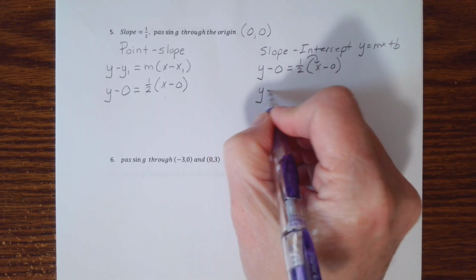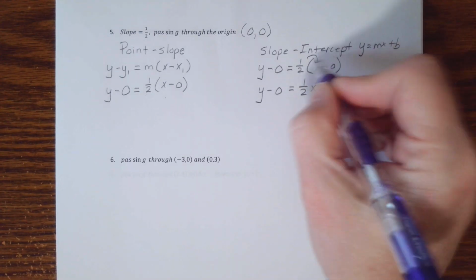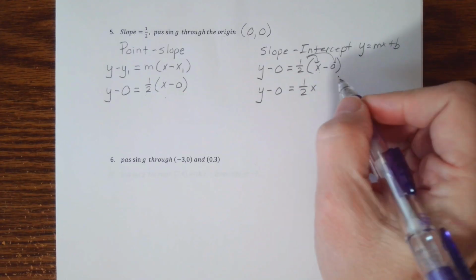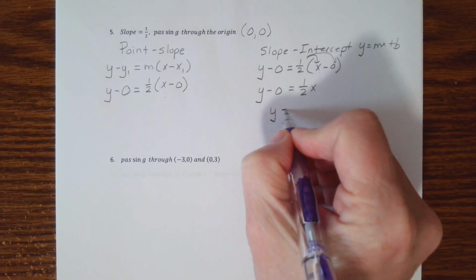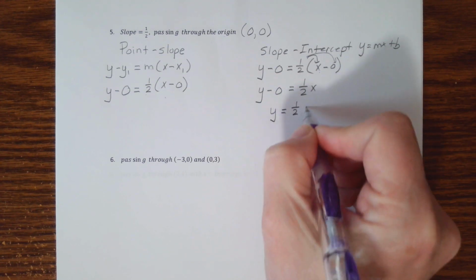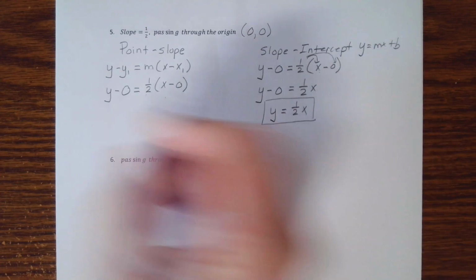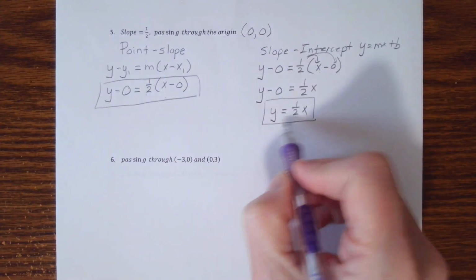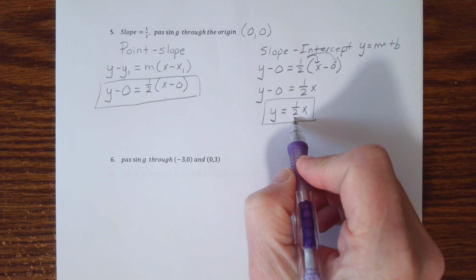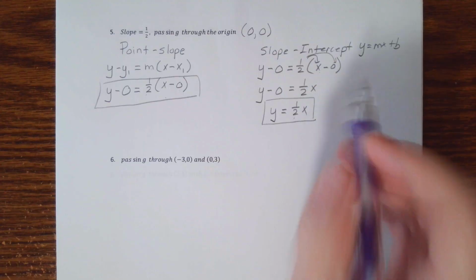Let me put this, y minus 0 equals 1/2 x. 1/2 times 0 is 0. Well, this is just 0. So this is y is equal to 1/2 x. And I am done. Should have put a box around these too. There we go. My slope is 1/2, there's my m, plus 0. My y-intercept is 0. Great.